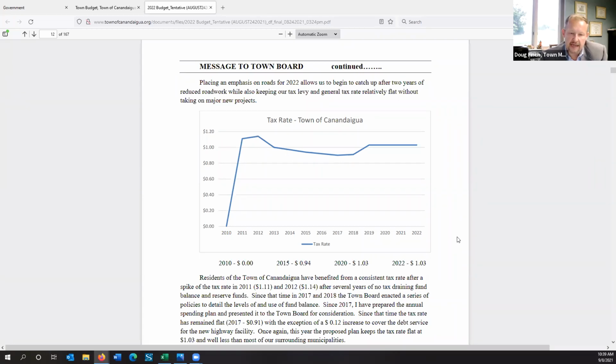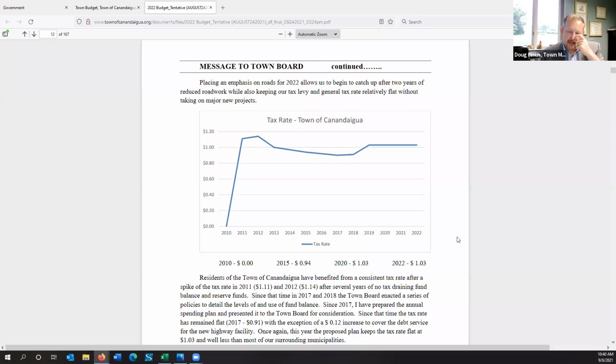In 2010, there was a decision, for political reasons it seems, with the intent to keep the town tax rate at 0. And there was a correction that had to be made in 2021, increasing that tax rate to $1.11 per thousand. And again for 2012 at $1.14 per thousand.